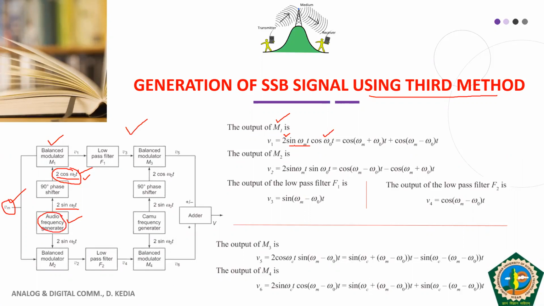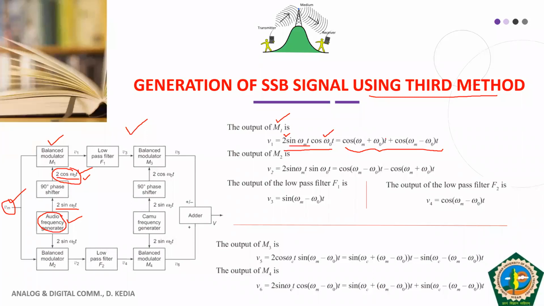We have the terms sin ωm t and cos ω0 t. If you apply the trigonometric identity, sin A cos B gives sin(A+B) plus sin(A−B), so you get this term: sin of (ωm plus ω0)t plus sin of (ωm minus ω0)t.